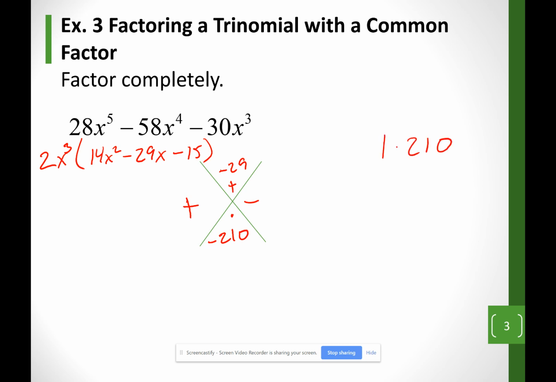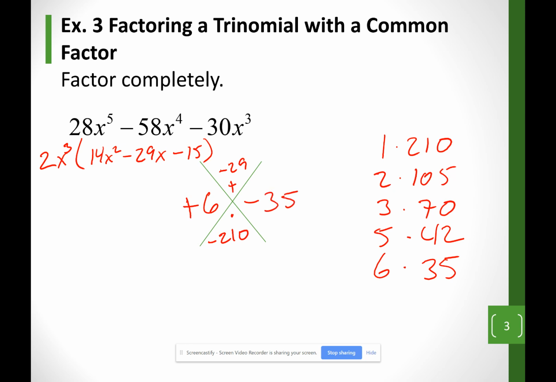They don't subtract to 29. 3 times 70. Still doesn't quite work. 4 is not a factor. 5 times 42. 6 times 35. If I subtract 6 and 35, that does give me 29. So here I'm going to do positive 6, negative 35. All right, that's how I'm going to split my middle term.